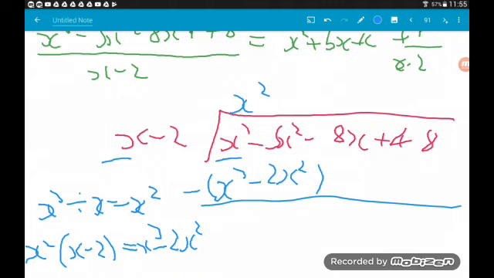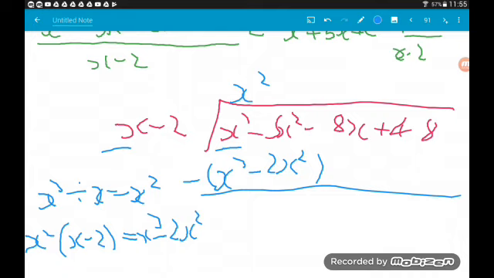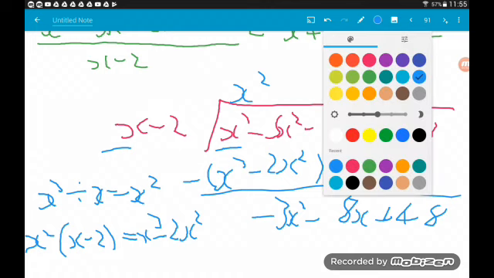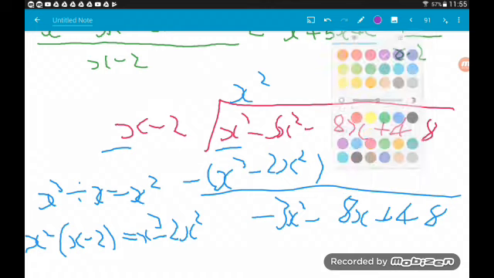Minus 5x squared minus 2x squared is going to give us minus 3x squared. And then the 2 other red terms fall down. So we got minus 8x plus 48. Like that.